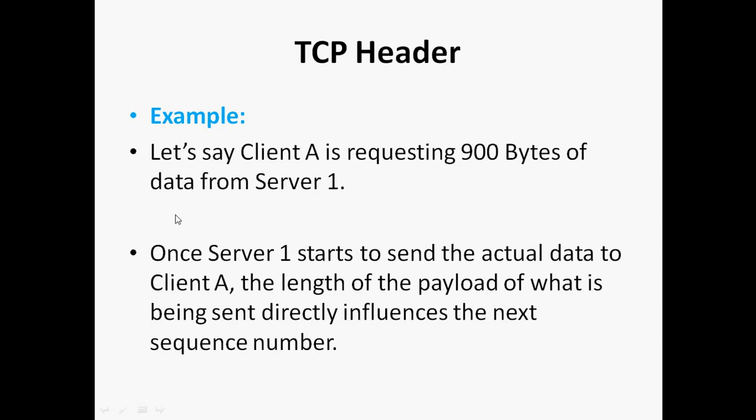For the example of the sequence number, let's say client A requests 900 bytes of data from server 1. Once server 1 starts to send the actual data to client A, the length of the payload being sent directly influences the next sequence number.